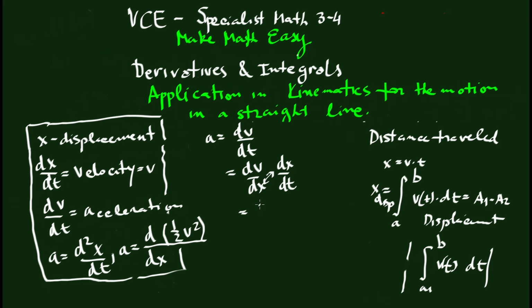Basically what we have, let's write it first, is v times dv by dx. Now let's try to write this v as a derivative of something. Obviously the derivative of v squared divided by 2 with respect to v is v, and we have dv by dx.